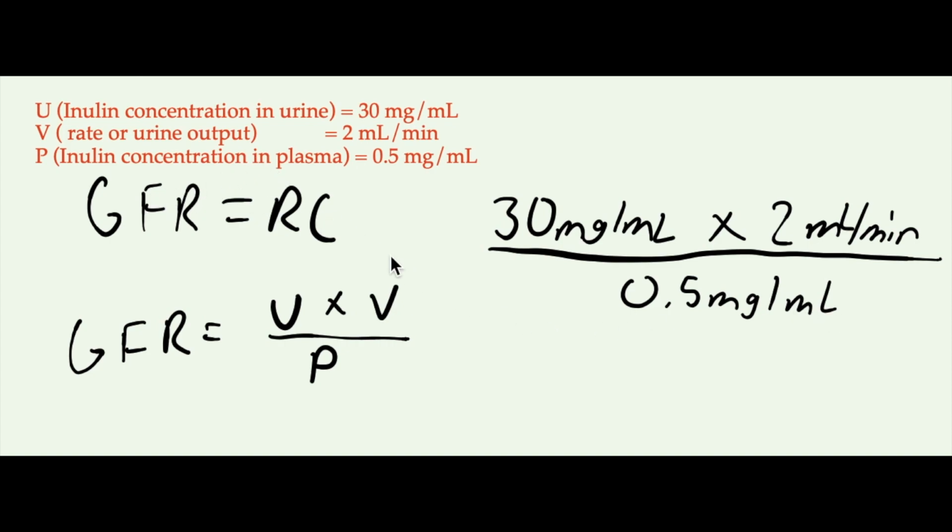The plasma concentration is also called the drug concentration. As we multiply 30 by 2 and divide that by 0.5, milligram per milliliter is excluded, which equals 120 milliliters per minute for our glomerular filtration rate. A 120 milliliter per minute glomerular filtration rate is the usual normal glomerular filtration rate for a healthy person.